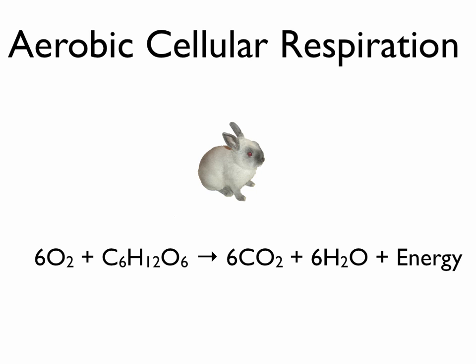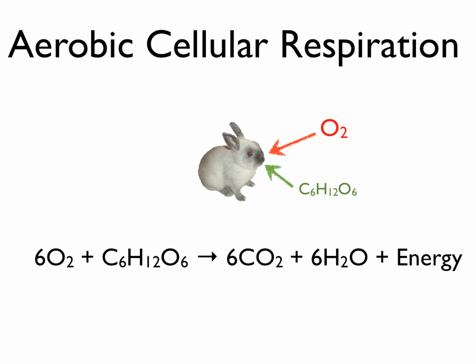All right, so let's take a look at aerobic cellular respiration. This is a bunny, so it would be using cellular respiration in its body to produce energy. First of all, it would be taking in oxygen, 6 molecules of oxygen to be precise, and 1 molecule of glucose.